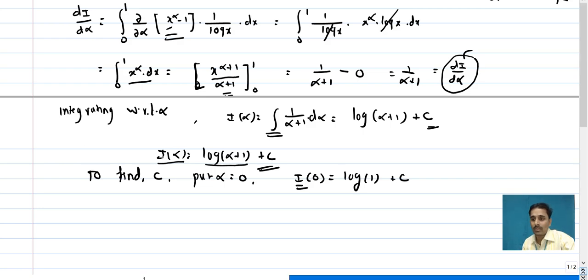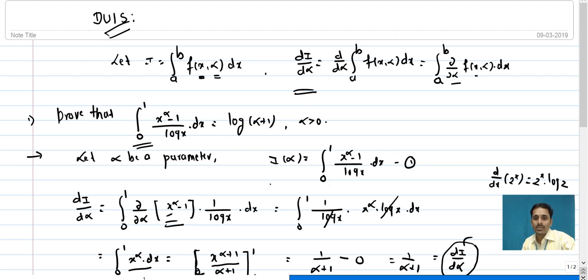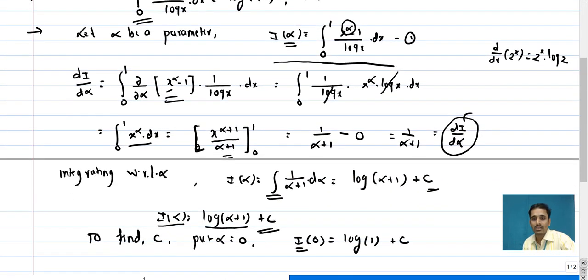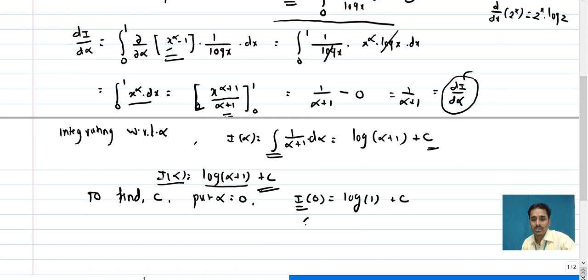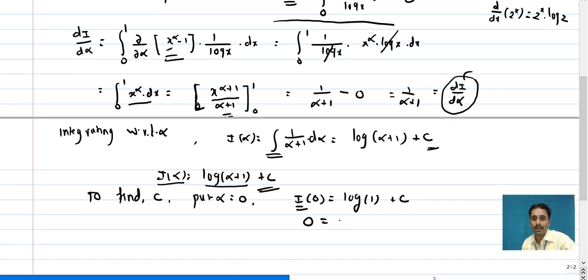Come back to equation 1. So I of alpha is this integral. When alpha is 0, x raised to 0 is 1, then 1 minus 1 is 0, and that I value, capital I value, is 0. That's why 0 is equal to log 1 plus c; log 1 is also 0. That's why c is also 0.